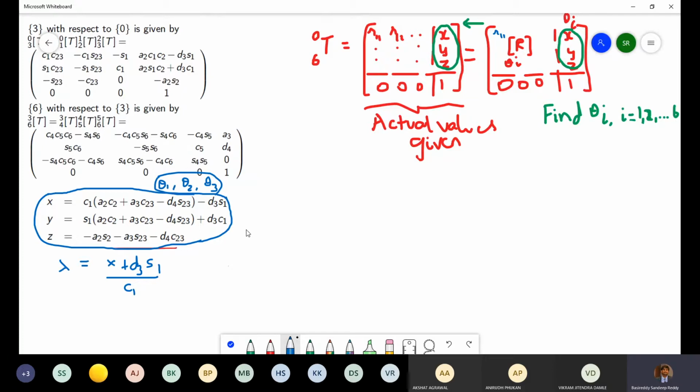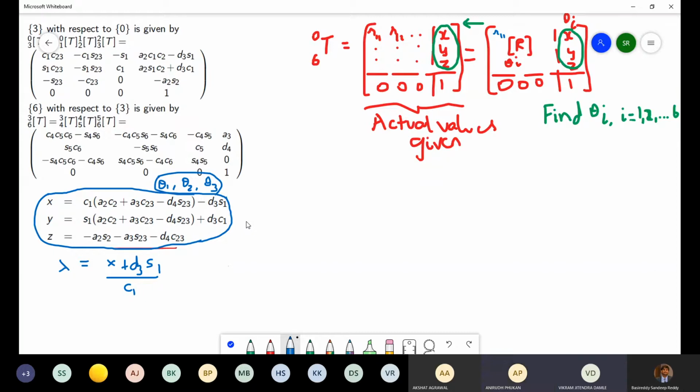Where will we substitute? I think you have to use the third equation, because with the second equation also you can only find the value of lambda. Yeah, you have to use the third one. So we can use the third one to find theta 3 next. How? We know the value of lambda, we know the value of z.